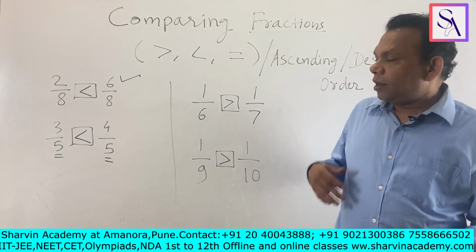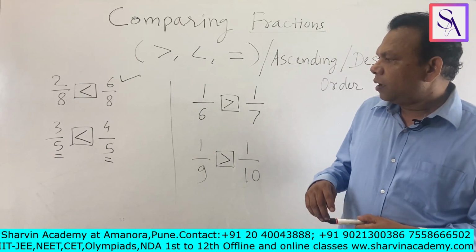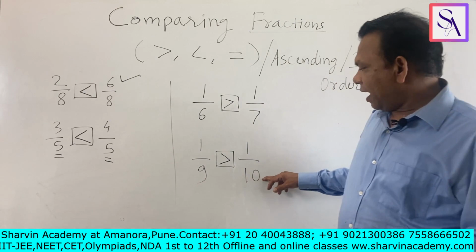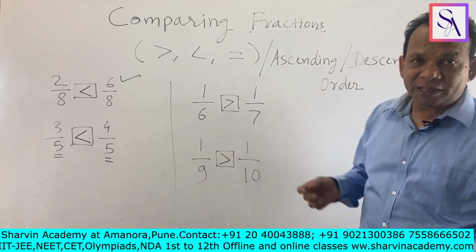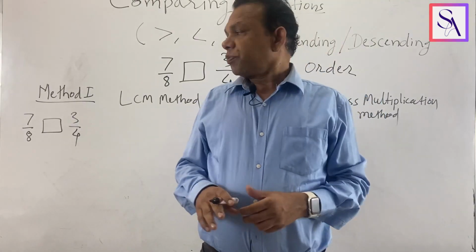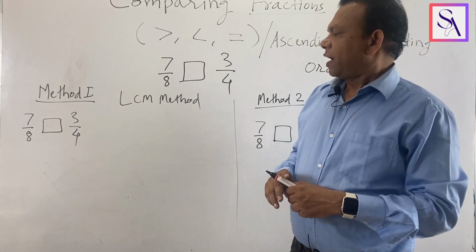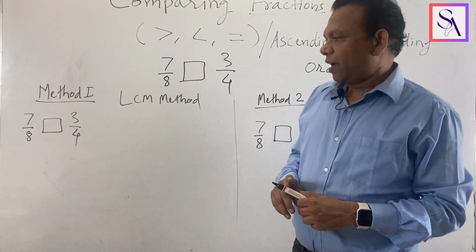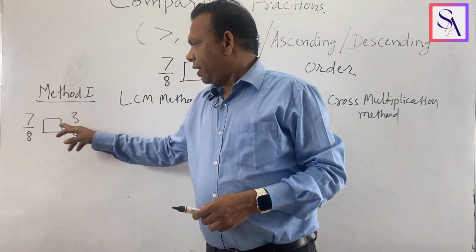Now we will see a couple of examples where unlike fractions are there and numerator 1 is not there. Instead of 1, different numbers are there. In that case, what happens? We will see that. Now we will see when two fractions are unlike fractions, then what happens. Take an example, 7 by 8 and 3 by 4.